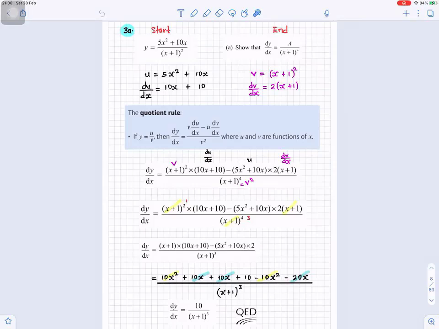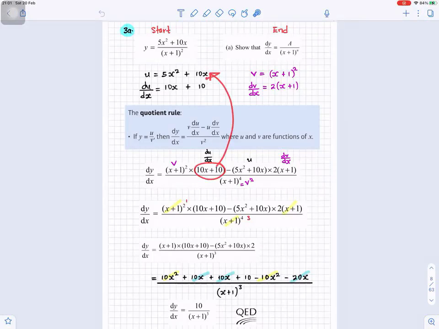Now, we've differentiated it. We know what v is. We know du over dx. We know u. We know dv over dx. And we know v squared. So we put them in that quotient rule formula. So that's v squared. We have here v at the bottom times du over dx, which is 10x plus 10.